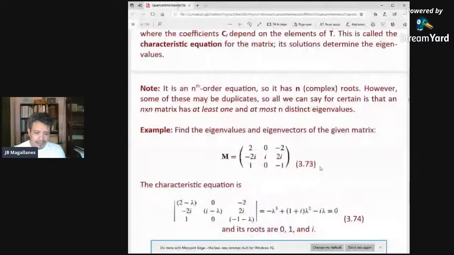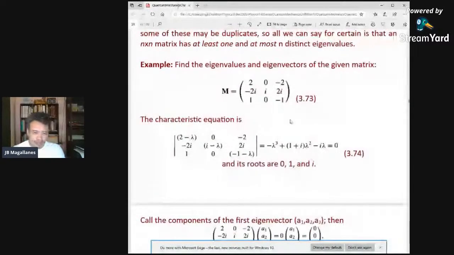So let's do an example for you to understand better what I have just said about eigenvalues and eigenvectors. Find the eigenvalues and eigenvectors of this matrix M, which has elements in the first row 2, 0, negative 2. Then for the second row, negative 2i, 2i, 1, and the third row 0, negative 1.